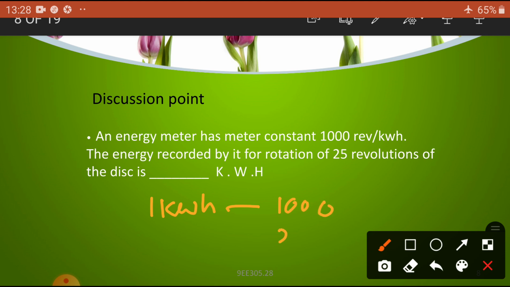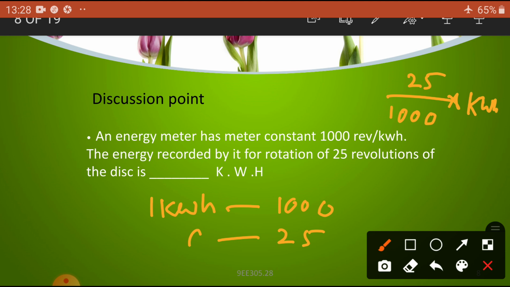Now for 25 revolutions, how much? The value is 25 by 1000 kilowatt hour.